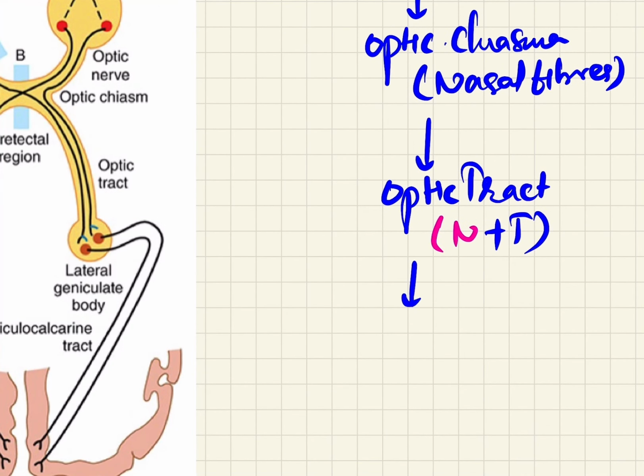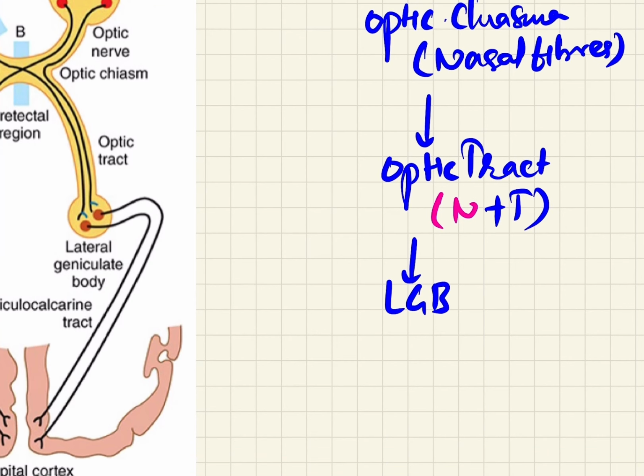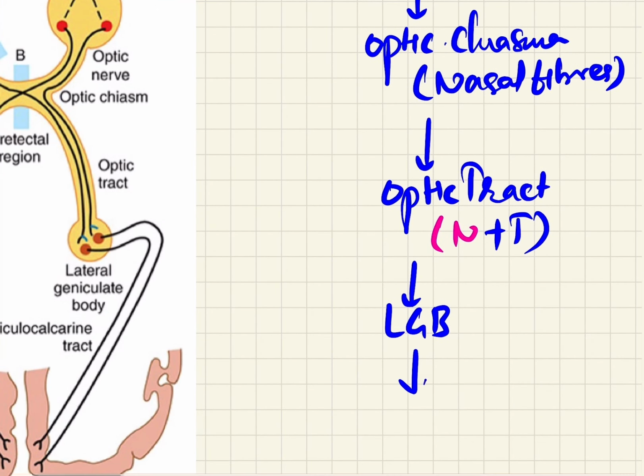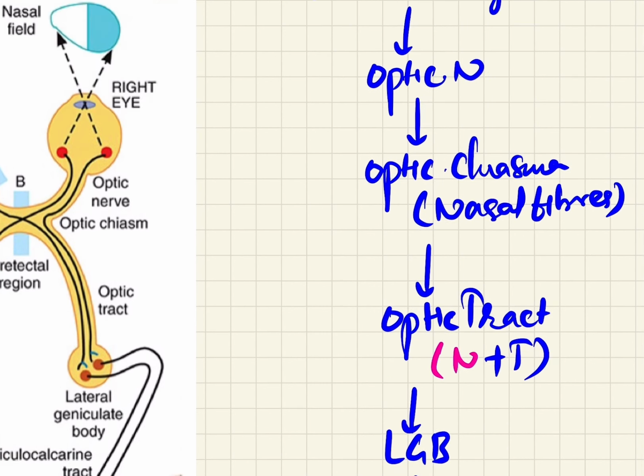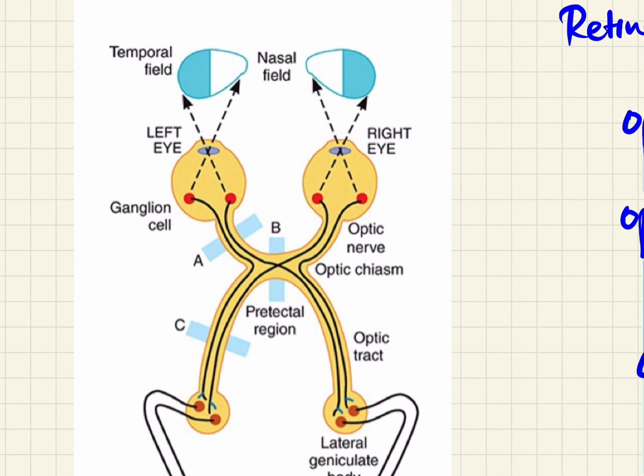Now they'll be reaching the lateral geniculate body of the thalamus where they synapse, and their axons will be forming the optic radiation, also called the geniculocalcarine tract. So this is the visual pathway. Finally it will be reaching the visual cortex, or Brodmann's area 17, 18, 19, and causes the vision. Okay, this is the general pathway of the vision.